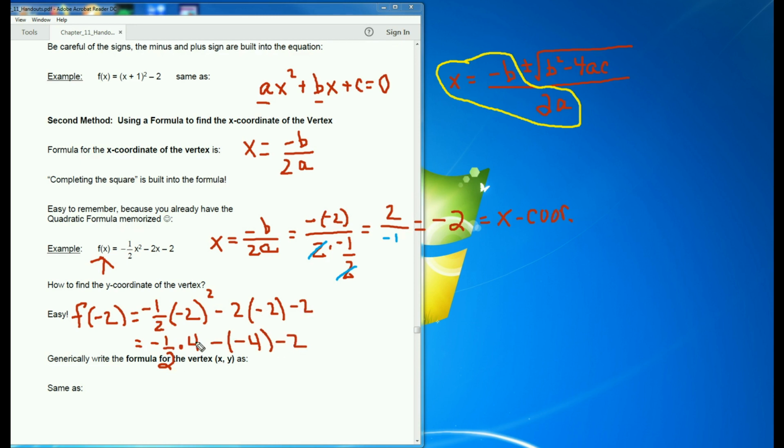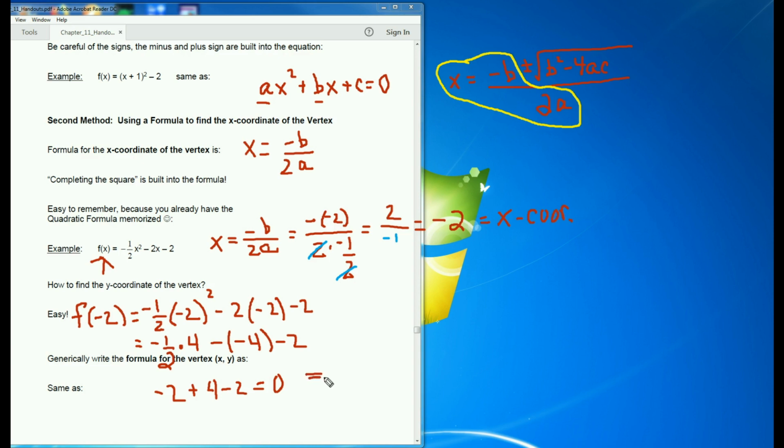All right, so negative 1/2 times 4, that's going to be negative 2. Minus a minus turns into a plus. All right, so I've got negative 2 minus another 2 is minus 4 plus 4. So that winds up being 0. Okay.